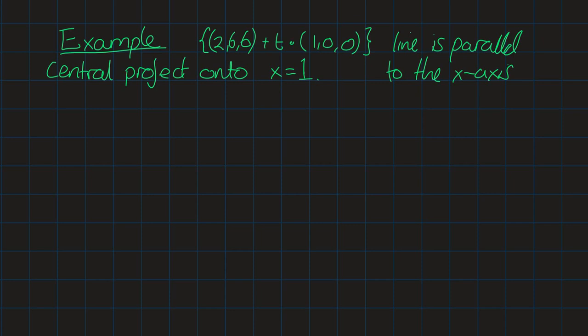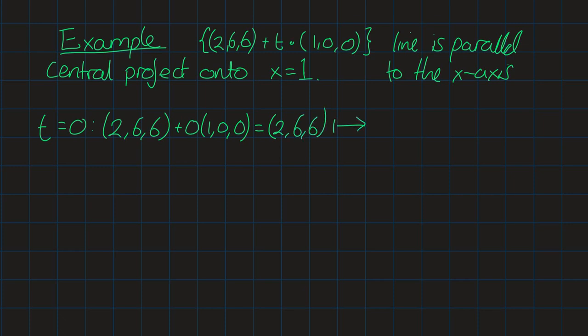Well, one thing you could do is test a bunch of points. For example, if I plug in t equals 0, I get (2,6,6) plus 0 times (1,0,0), which is simply (2,6,6). If I centrally project this onto the plane x equals 1, I get (1, 6/2, 6/2), which is the same as (1,3,3).